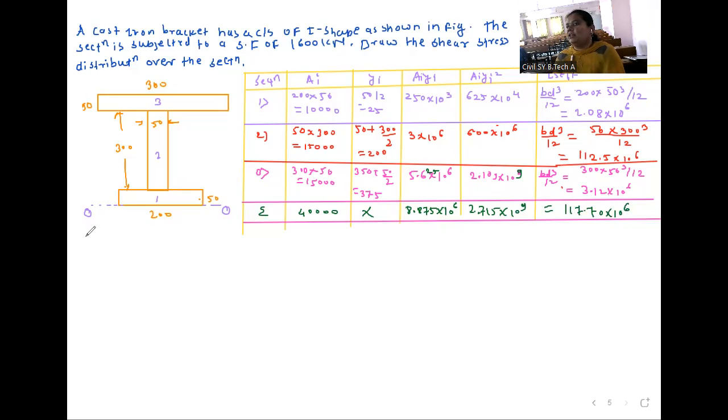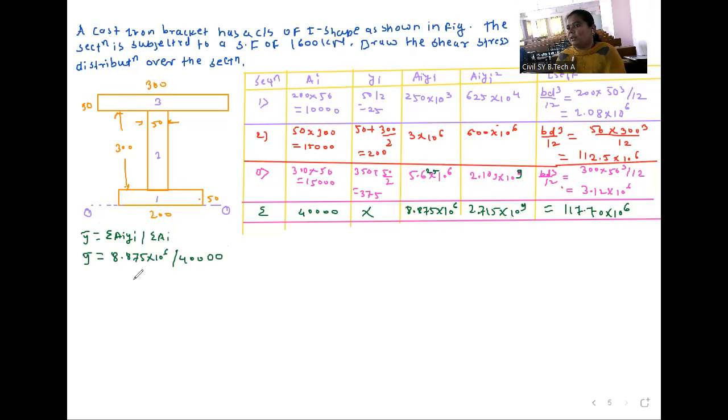So first we will calculate y bar. So y bar is summation of ai yi divided by summation of ai. So y bar is equal to 8.875 into 10 raised to 6 divided by 40,000.